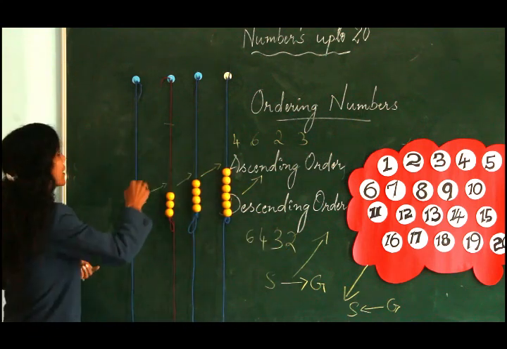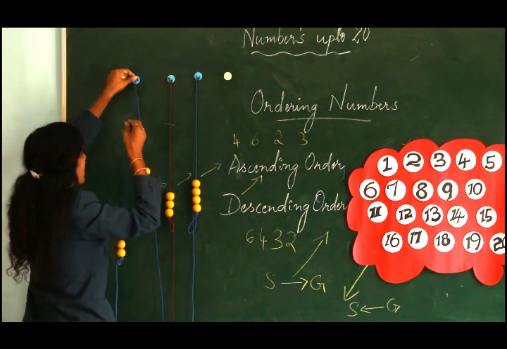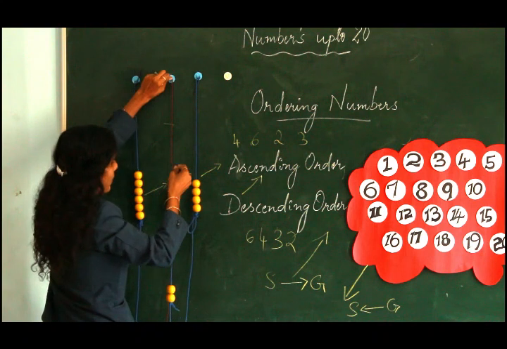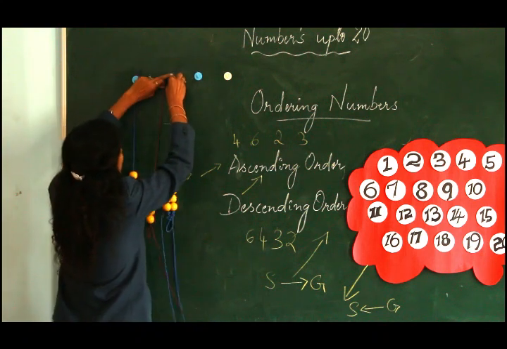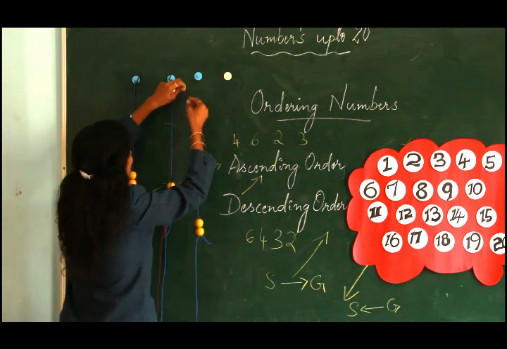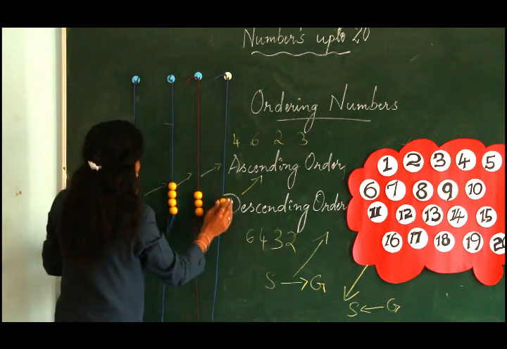So we change the order where we put 6 first, then 4, 3 and 2.